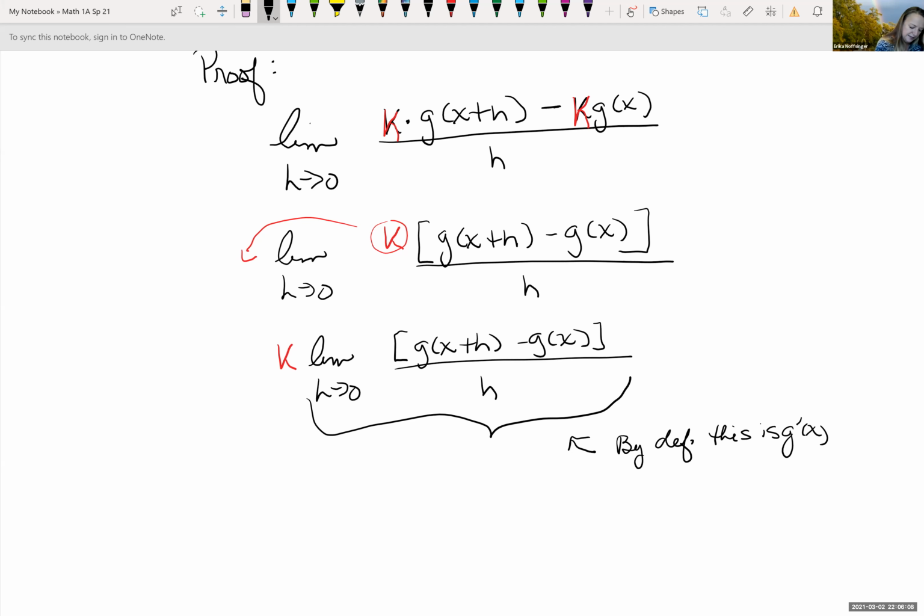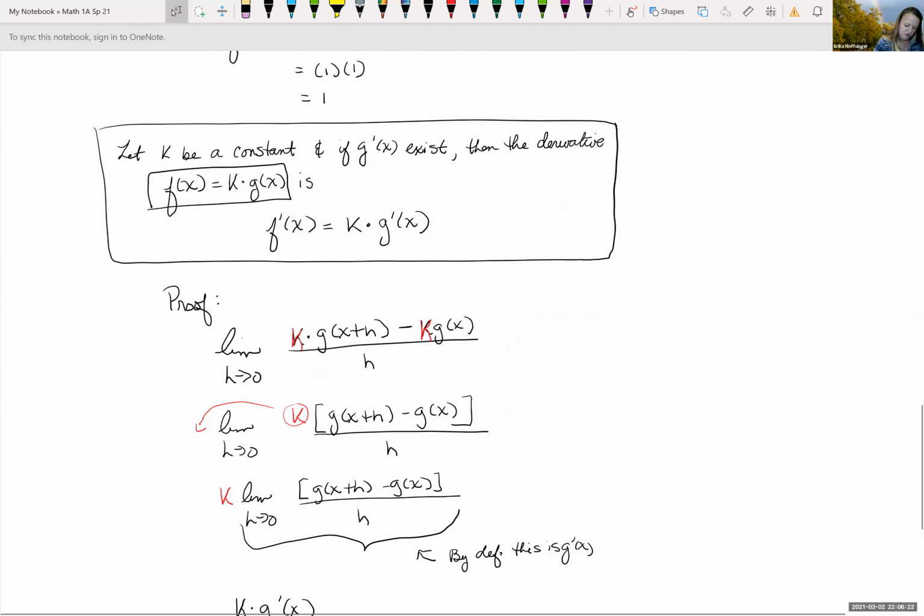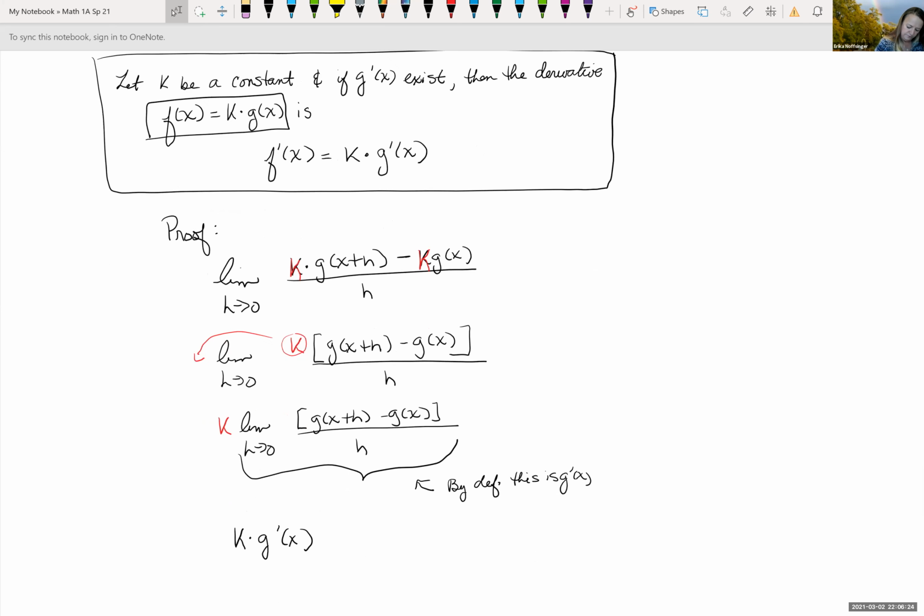So we can rewrite this as k times, well, the limit of this whole piece is g prime of x, which is what we were trying to show. So I'm going to put a box in there showing that I completed and showed my proof.